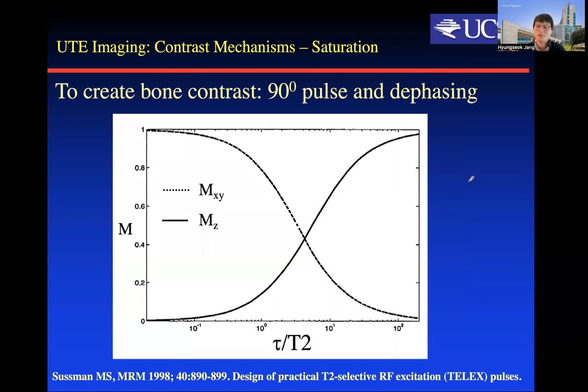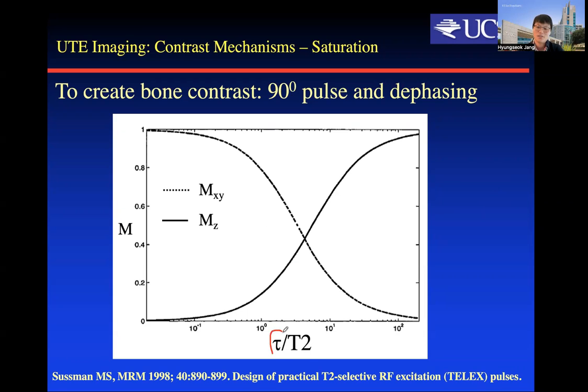Basically, you tip the magnetization into the transverse plane, and then spoil the signal, and then you do your imaging after this saturation recovery preparation, which depends on your pulse duration and then targeted T2.